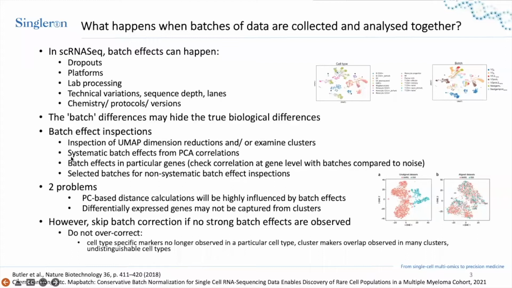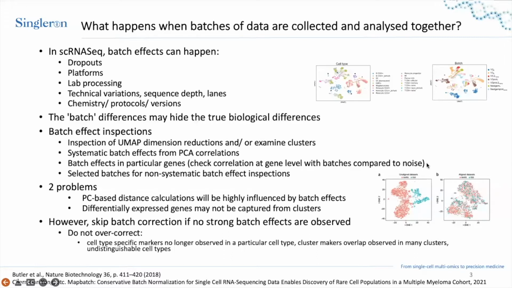For example, systematic batch effects can be observed from the PCA correlations. But not all the time do batch effects come systematically from all the experiments or from all the genes. Sometimes, from our own studies or research before, the batch effect can also come from a particular gene.